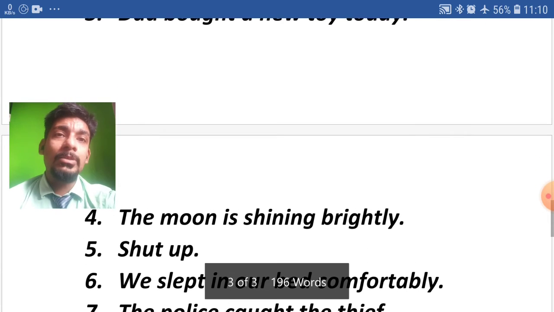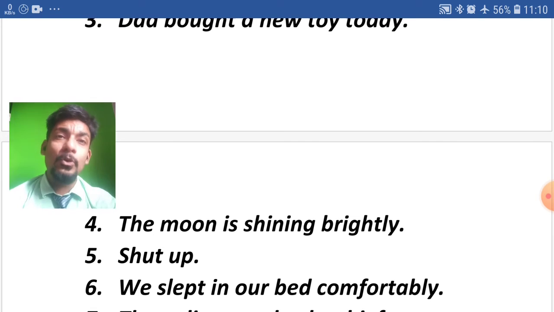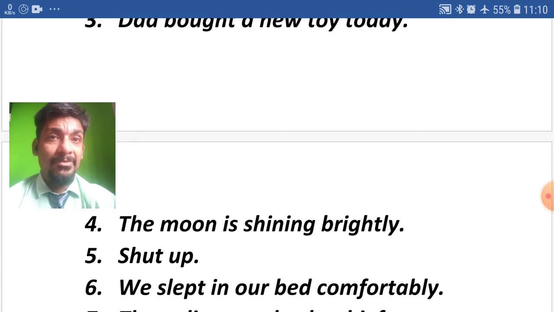Now, coming to question number 4. The question says, the moon is shining brightly. In this question, my dear students, the moon is the subject. Is is a verb. Shining is a verb. And brightly became the object. Now here, is and shining, they both are verbs.